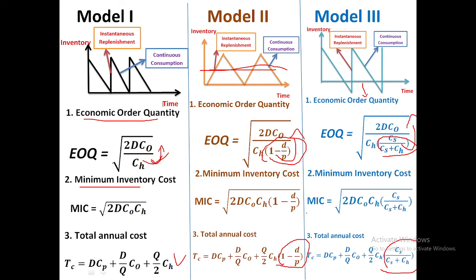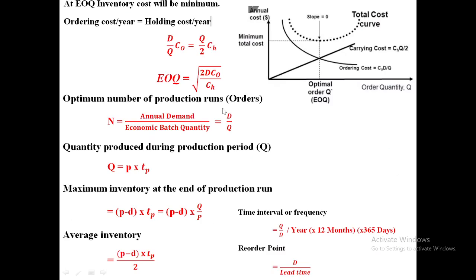The other extra term is CS divided by CS plus CH, and here CH into 1 minus D by P. This is model 1, model 2, model 3 of our inventory control systems.